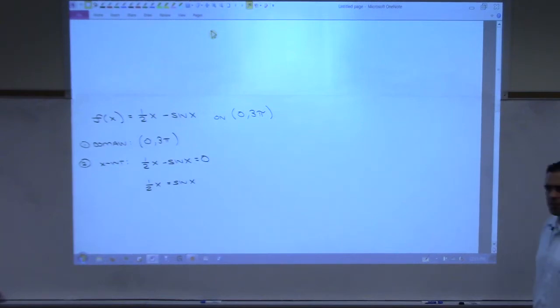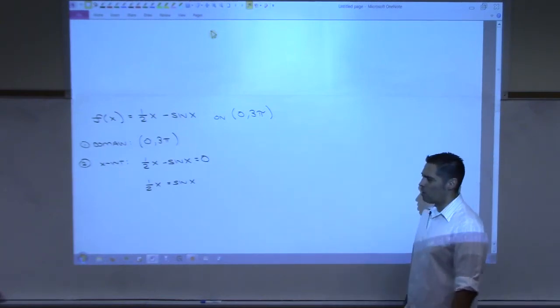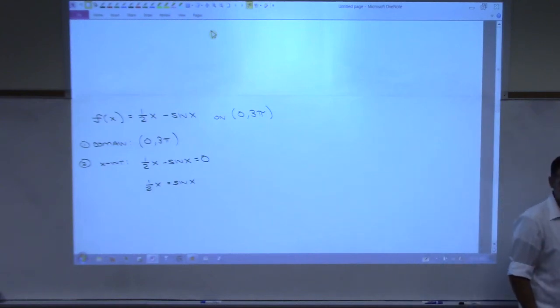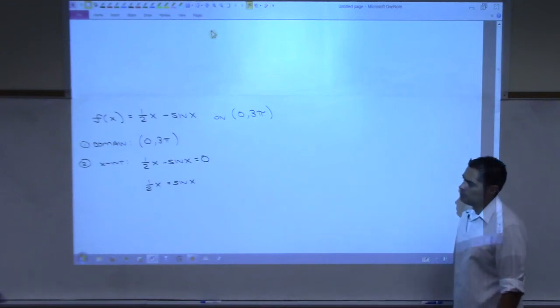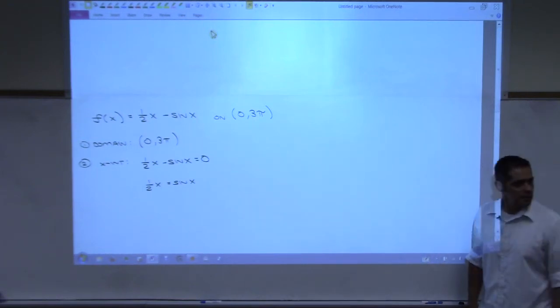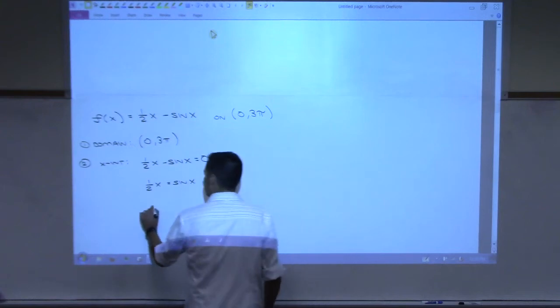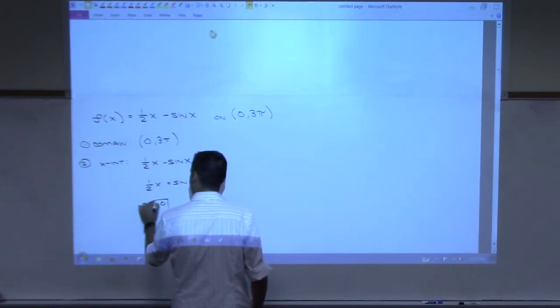Just by looking, can you do a smart guess as to what one answer is? 0, right? Won't 0 work? What's sine of 0? 0, and 0 on both sides works, right? So x is 0 works.